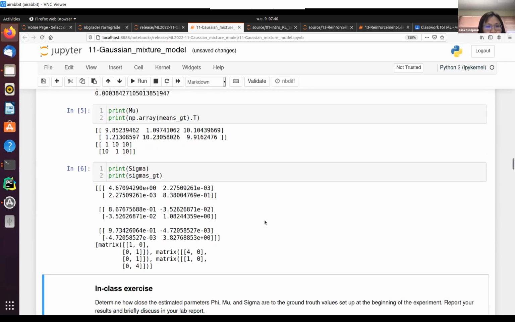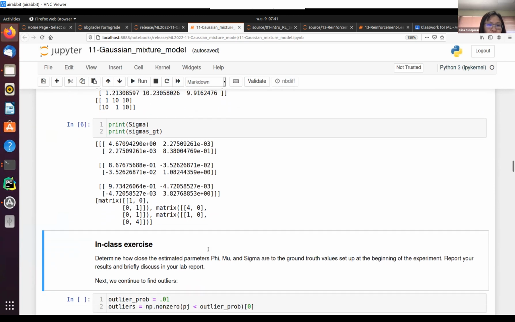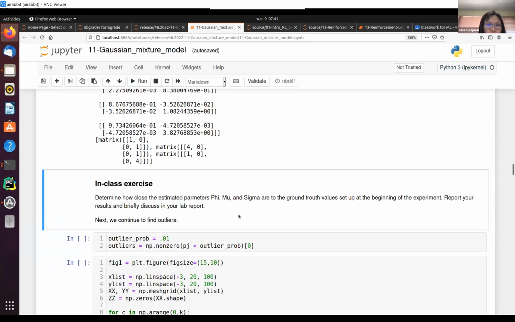If we remember, the parameter that we randomized at first for the sigma is 1 0 0 1, so it looks alike, the same.